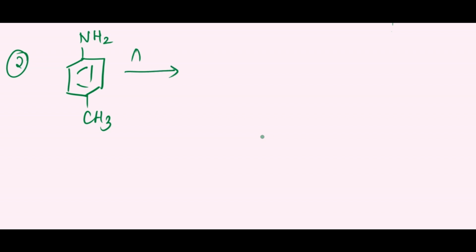That is NH2, which is attached to the benzene ring, CH3 is in the para position.